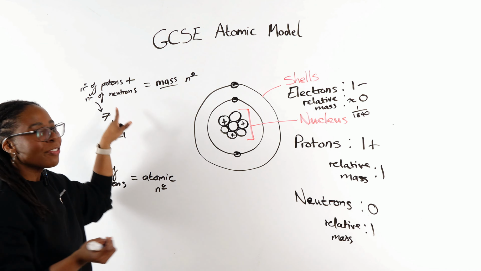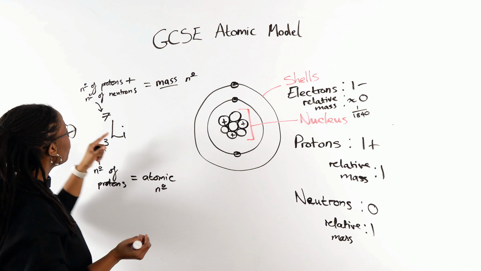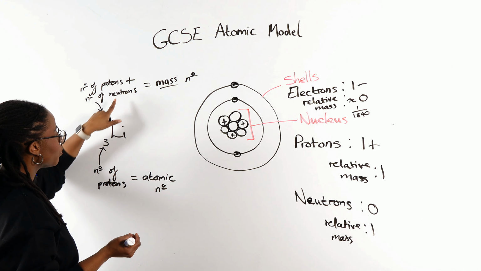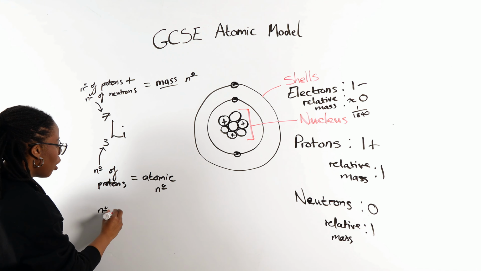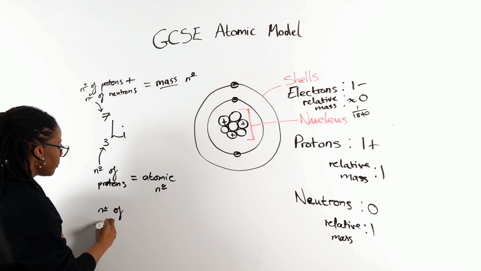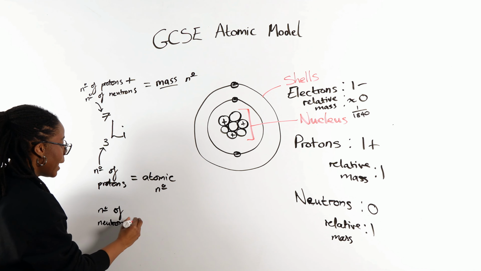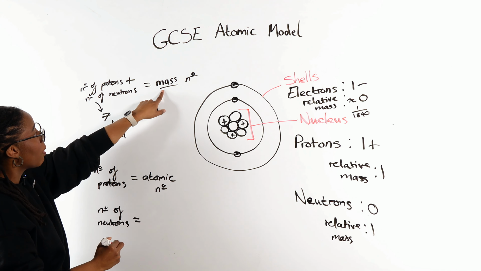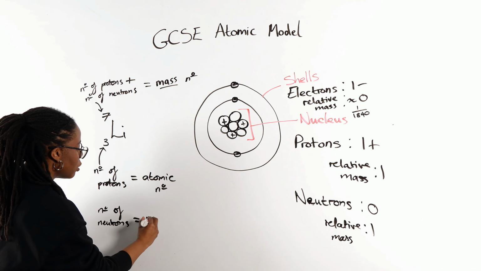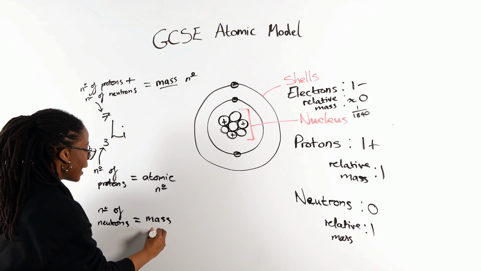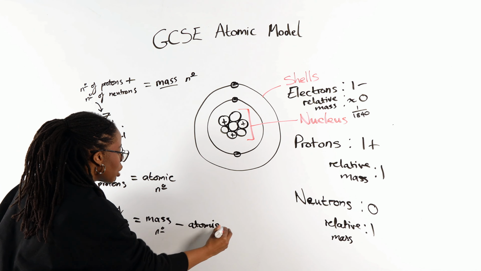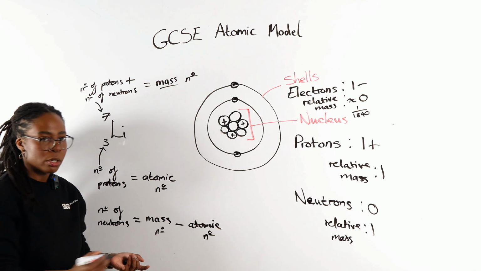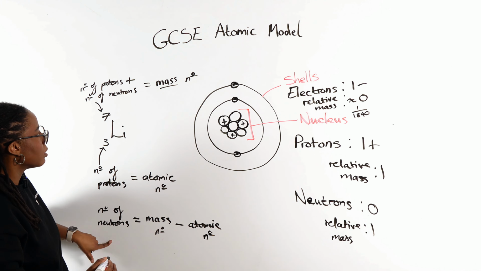We don't quite have the number of neutrons by itself, but if we have the number of protons and neutrons in the mass number, then if we want to calculate the number of neutrons, all we need to do is take our mass number, which is protons plus neutrons, and subtract the atomic number, which is just protons. Okay, that gives us the number of neutrons.